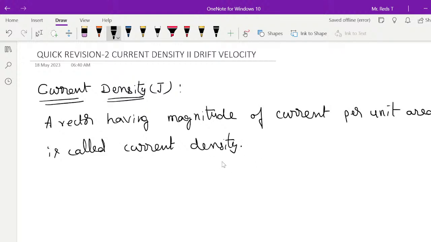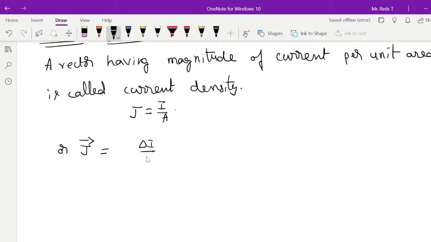So, how can you give this mathematically? How can you measure this? In the simplest form, current density J is equal to delta I by delta A, in the limit.